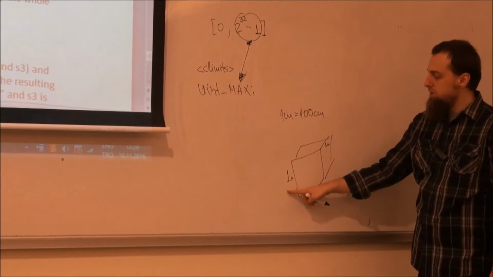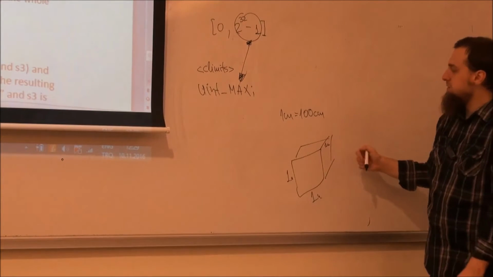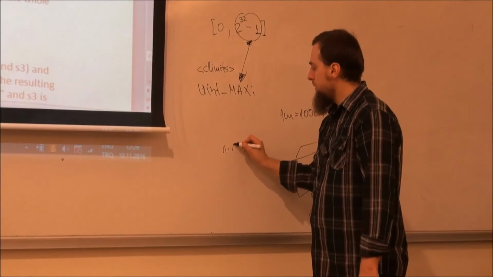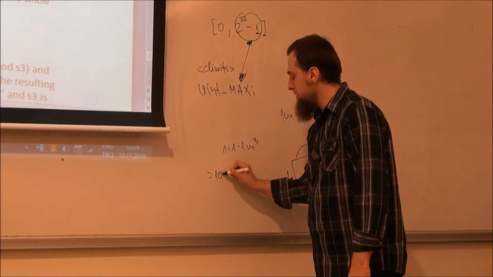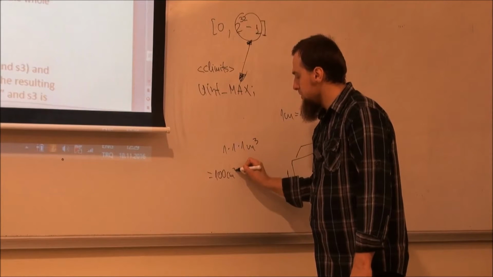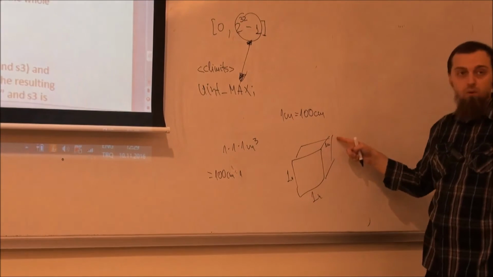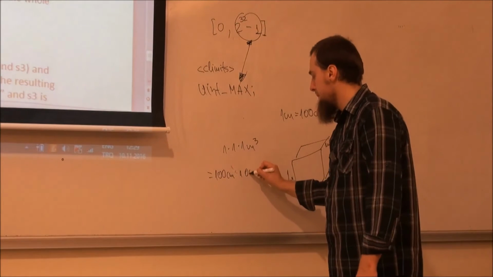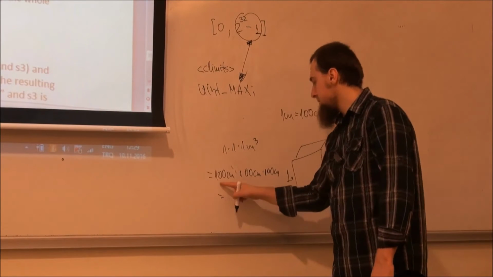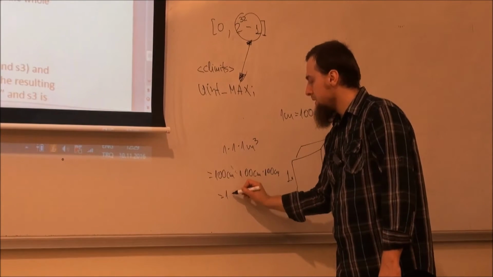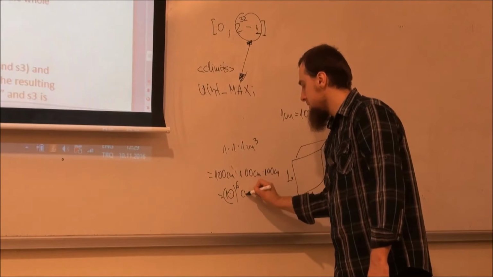Basically, this is 100 centimeters, 100 centimeters. The volume of this box is 1 by 1 by 1 meter cube, and it's equivalent to 100 centimeters by 100 centimeters by 100 centimeters multiplied, and this is 1 million, 10 to the power of 6 cubic centimeters.